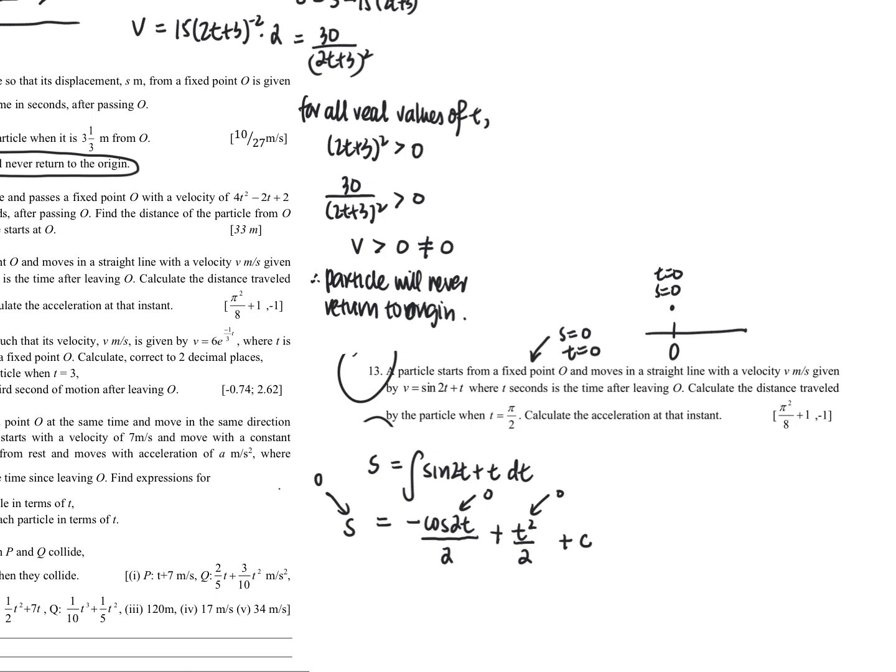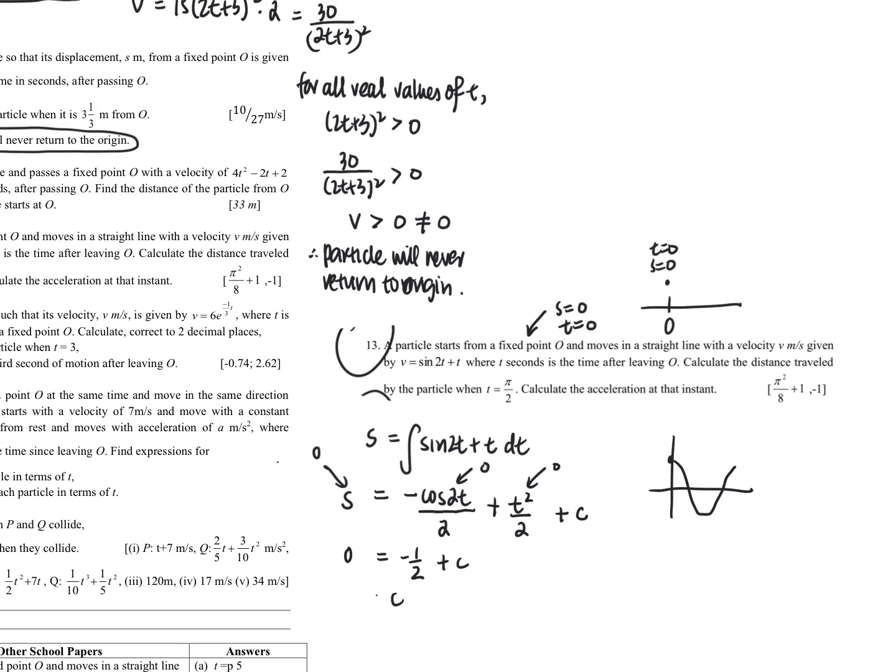Cosine 0 is not 0. What is cosine 0? 1. So this is a minus half. So C is actually half. So your displacement expression is this.